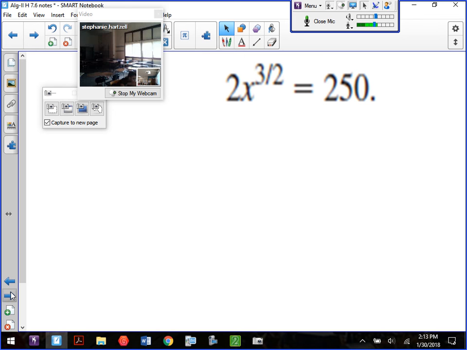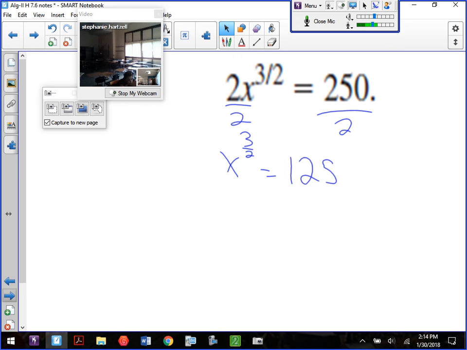So 2x to the 3 halves equals 250. What do you think you have to do first? Remember, you have to isolate the power. How do you undo a 3 halves exponent?